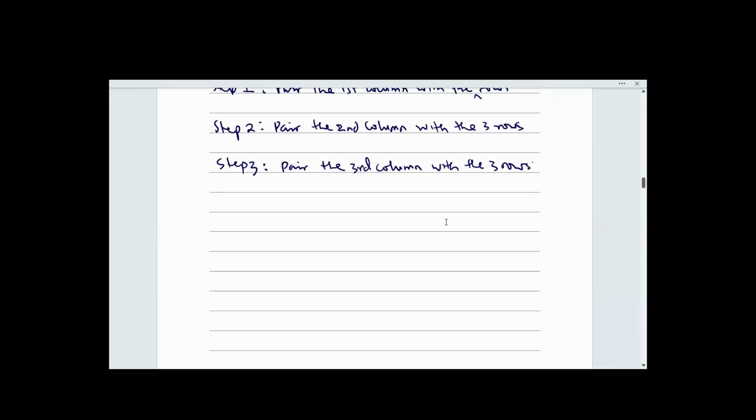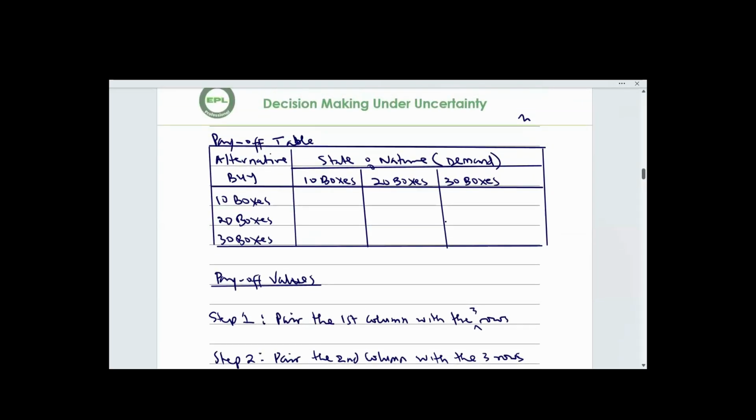The first step, first column with the 3 rows. Let's do the working on this. So first column equal to, in the first column, pay attention and look up.